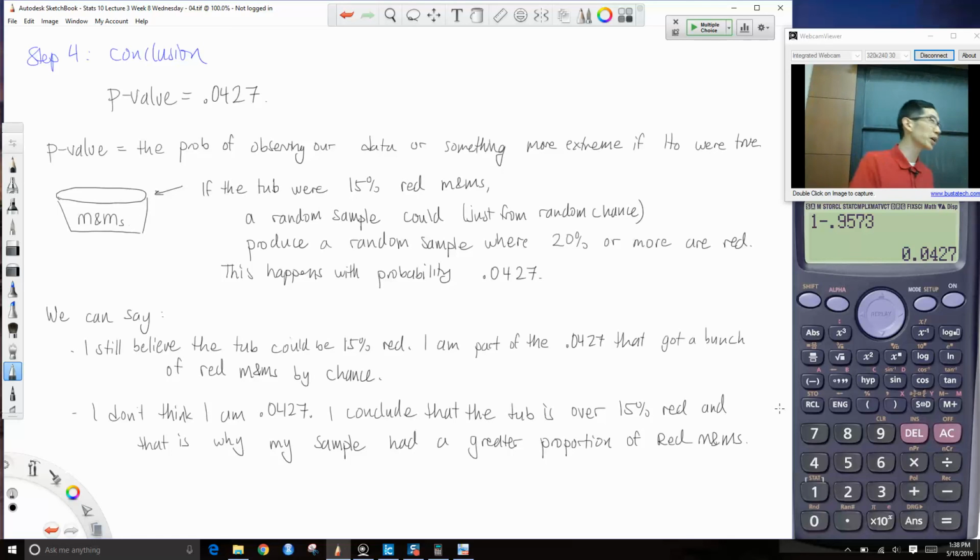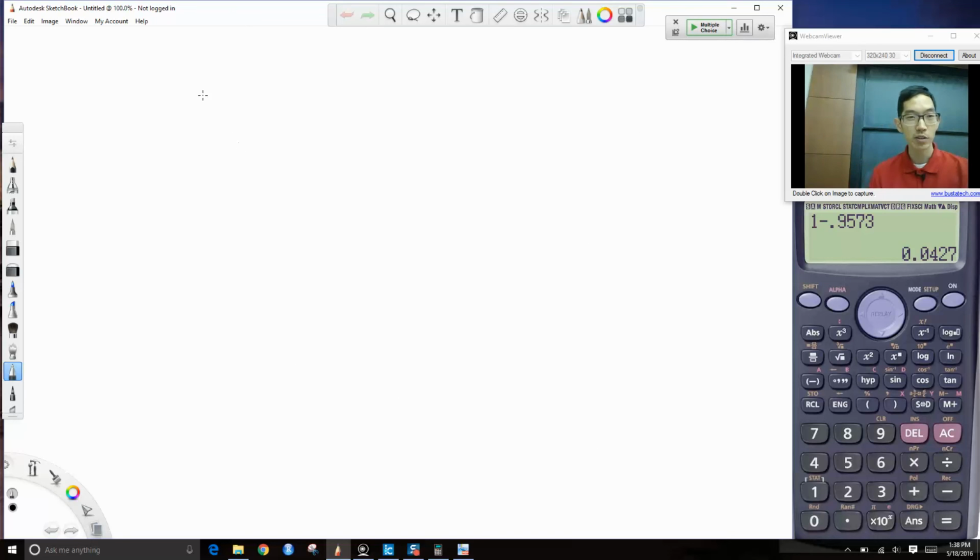And if it's smaller than the significance level, we're going to say it didn't happen by random chance and that the null hypothesis is wrong. So again, our p-value ended up being 0.0427, and we have a significance level of 0.05. This is our significance level. And so in our case, our p-value is less than alpha.